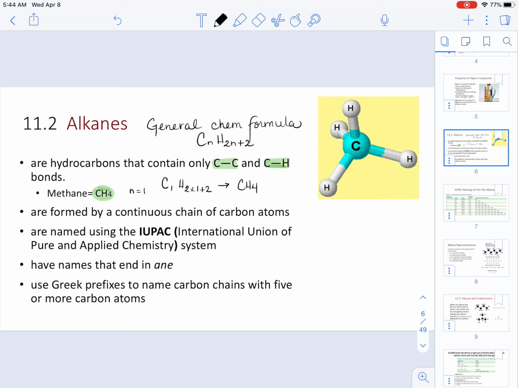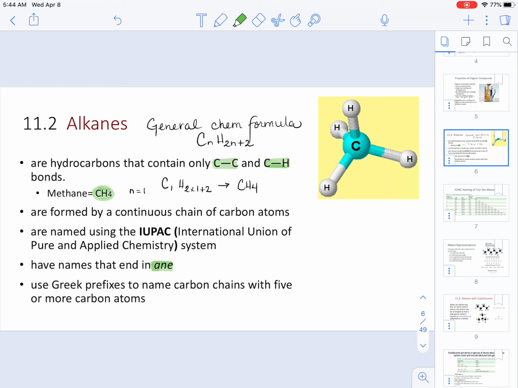Now we are going to be learning how to name these organic compounds based on the IUPAC system, which stands for the International Union of Pure and Applied Chemistry. And one of the key features for alkanes is that we will see that all of the names are going to end in "ane." When it comes to naming compounds, organic chemistry is more systematic than what we have observed in inorganic chemistry, which is the chapters that we were discussing before.